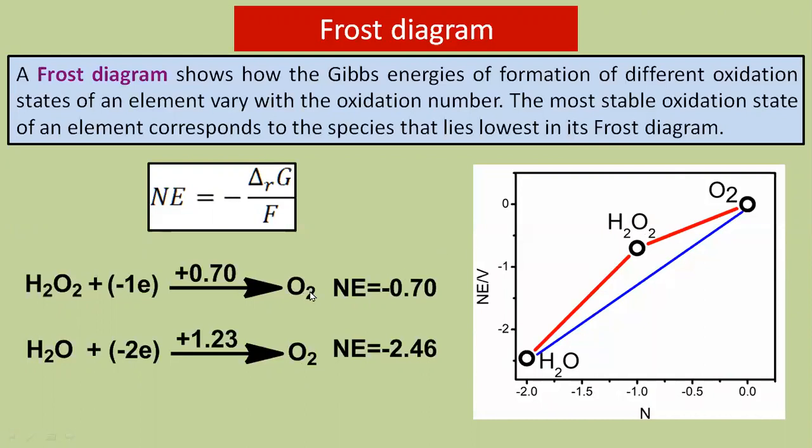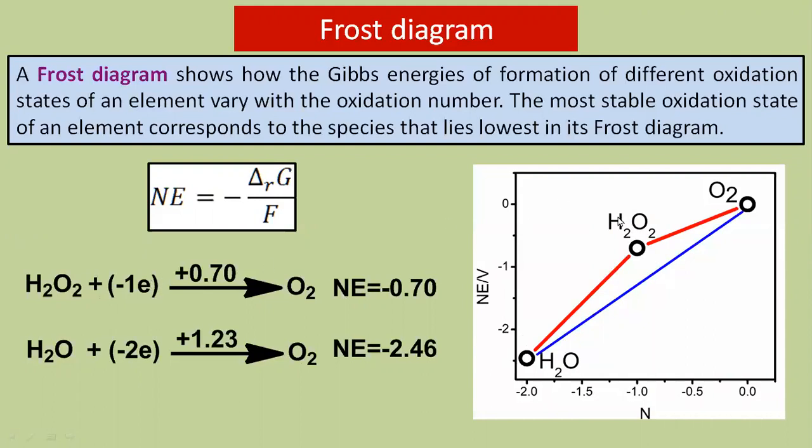In simple terms, you need to write the species with zero oxidation state on the right hand side, and the other species, for example H2O2 and H2O, on the left hand side, and the electrons you need to write to adjust the oxidation state.